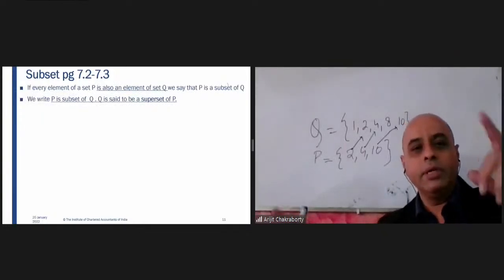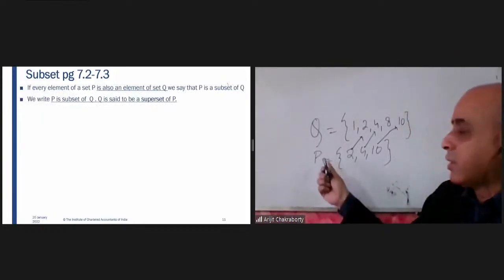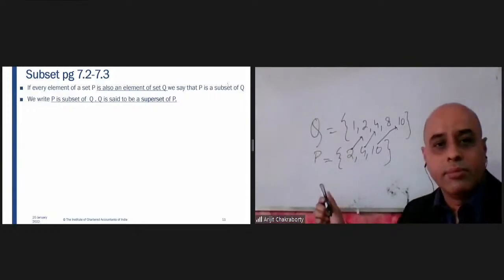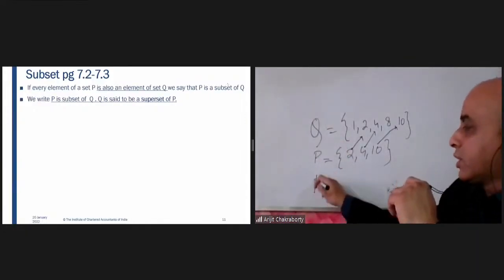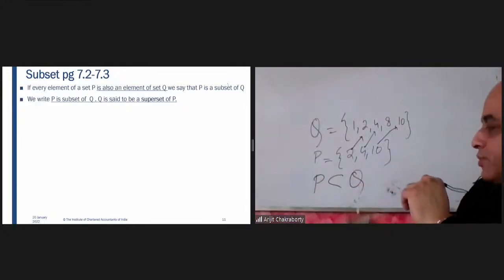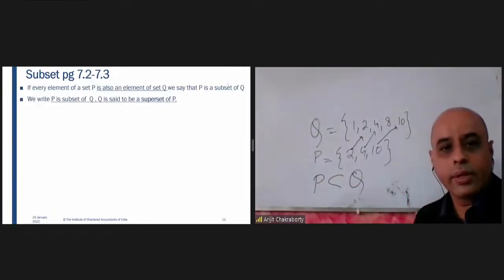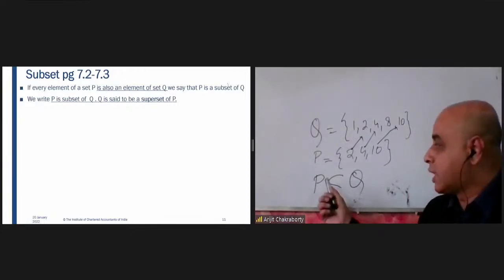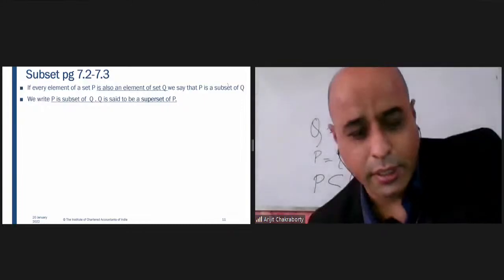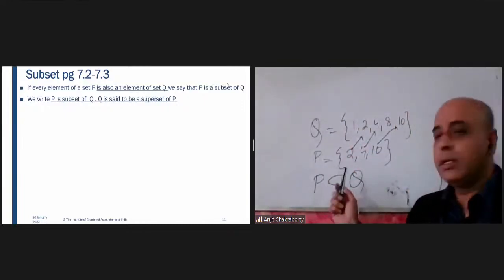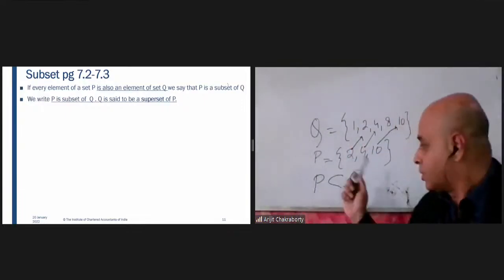So in set notation, we write P is a subset of Q. That means P is the smaller set and Q is the larger set.